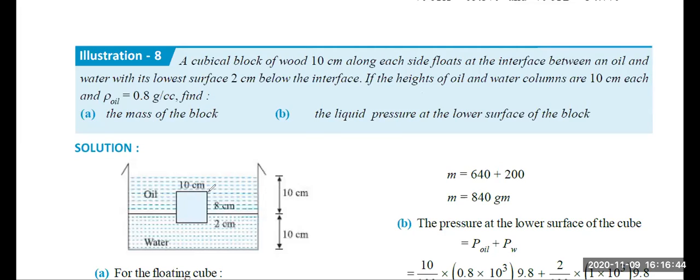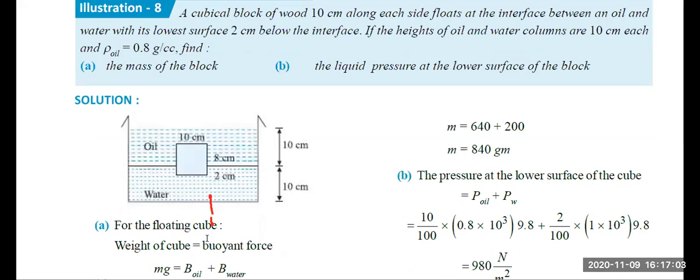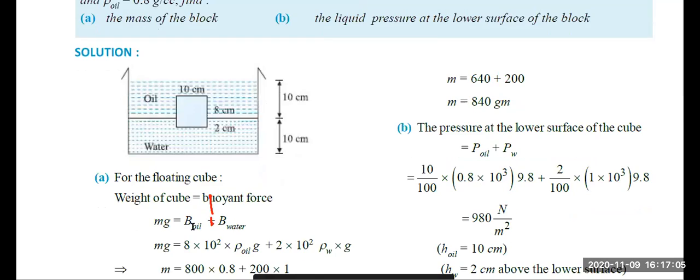So if it is 10 centimeters, 8 centimeters is in oil and 2 centimeters in water. So we should have buoyancy because of this surface in oil and this surface in water. So mg is equal to the buoyancy because of oil plus the buoyancy because of water, as I said.